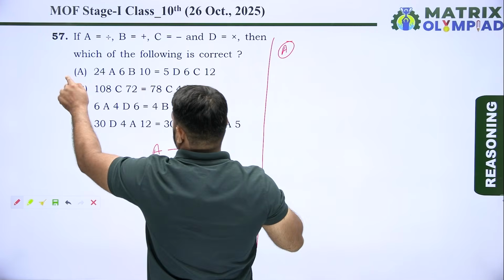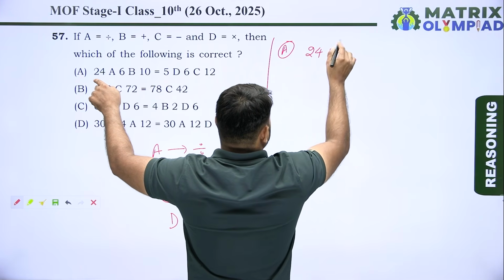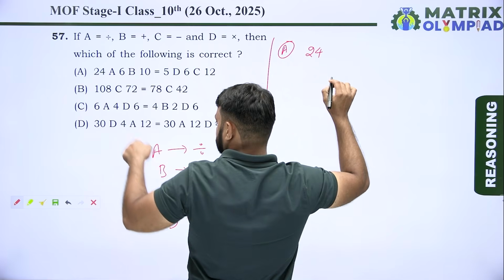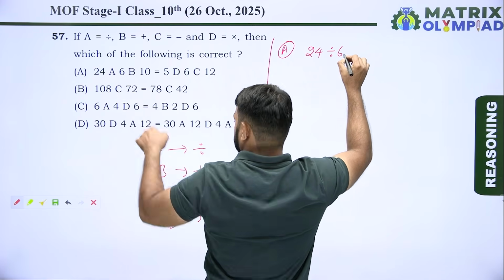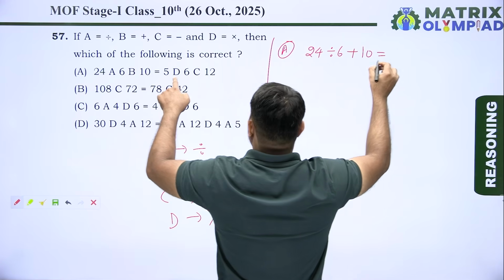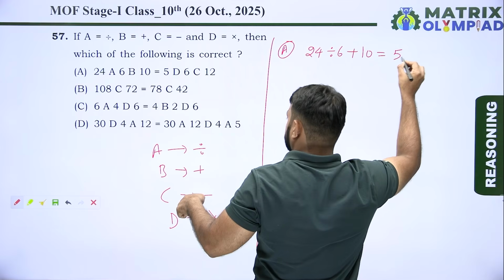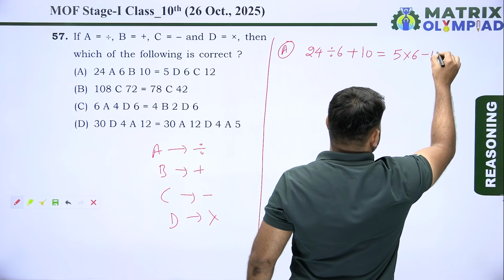So taking option A, according to option A, 24 A means divided by 6, B means plus 10 is equals to 5 D means multiply by 6 C means minus 12.